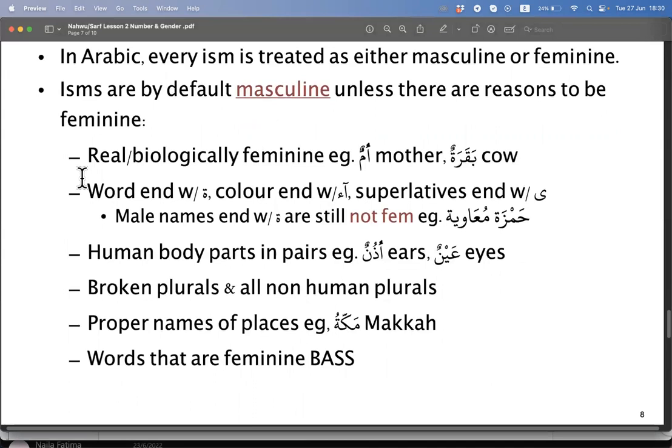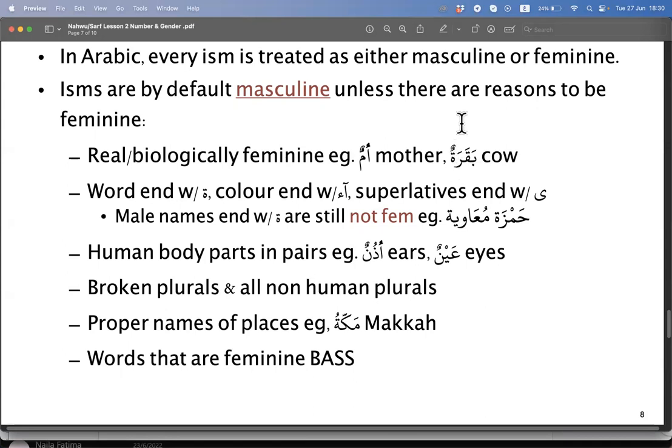So if you have a real or biological feminine, meaning mother, sister, auntie, all these are obviously going to be feminine. If you have baqaratun, this is a cow, not a bull. If you have a chicken, that will be feminine, not a rooster. Rooster is the masculine.